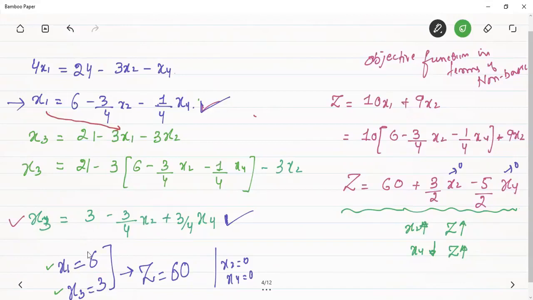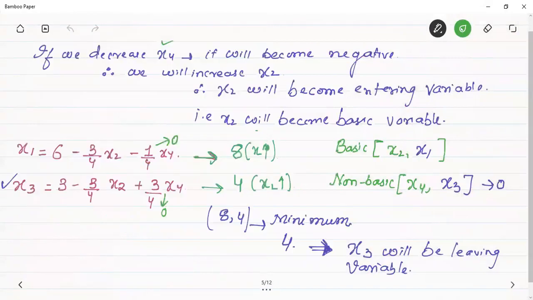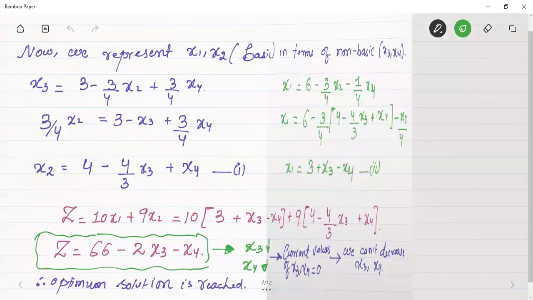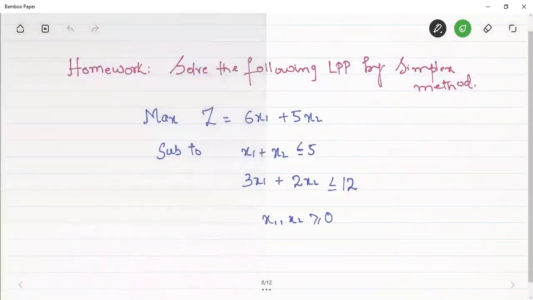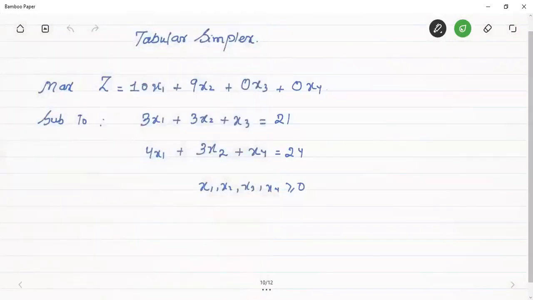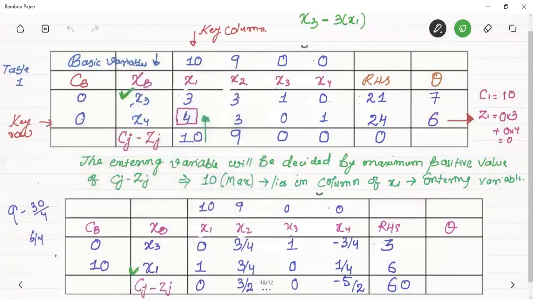Let's forget about what I just wrote for x3, but see that yesterday also in the second iteration the solution came x1 is 6, x3 is 3, and z is equal to 60. Now you look here also, the solution is same in our table here. Yes, you can see that x3 is 3, x1 is 6, and our solution came out to be 60.